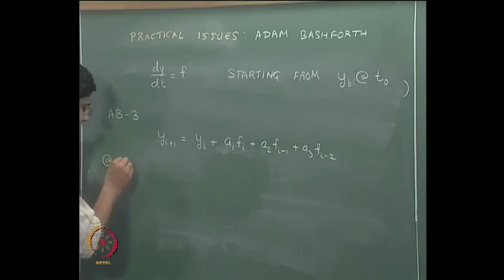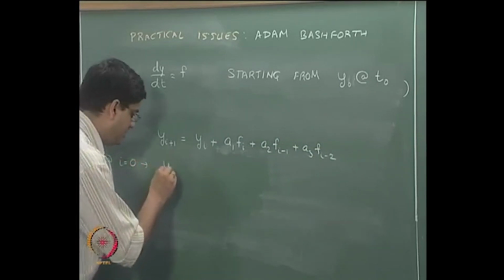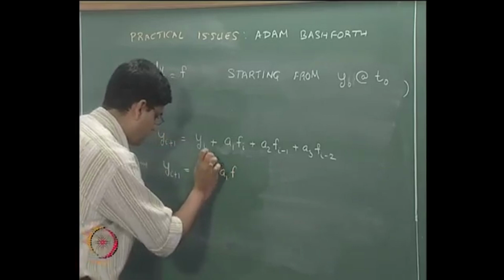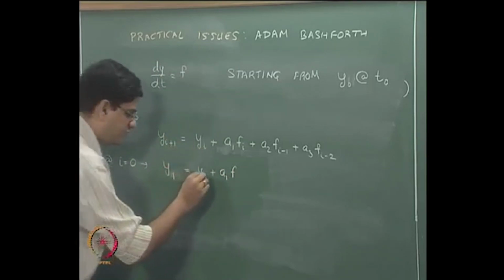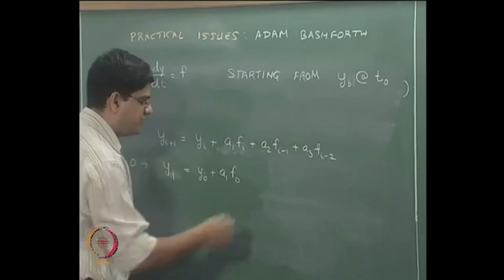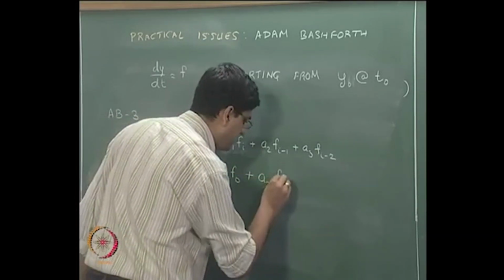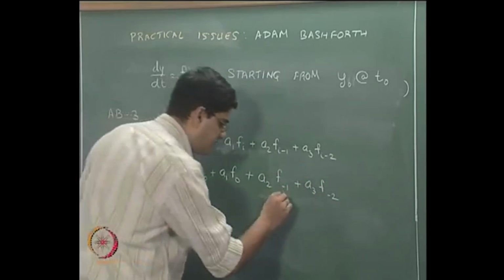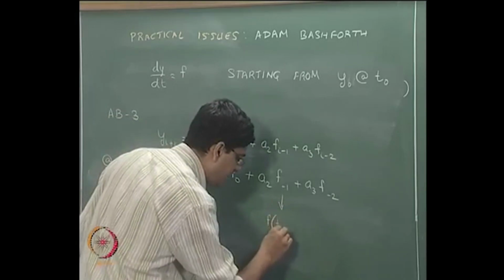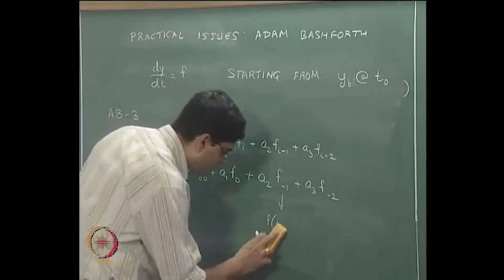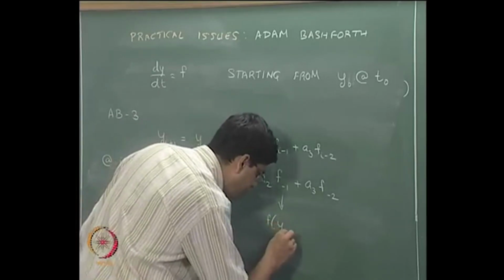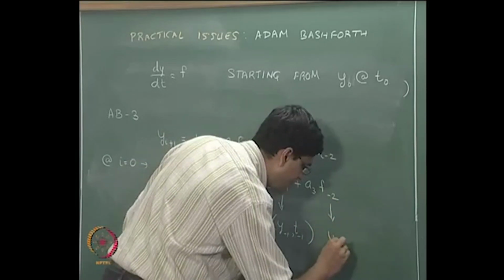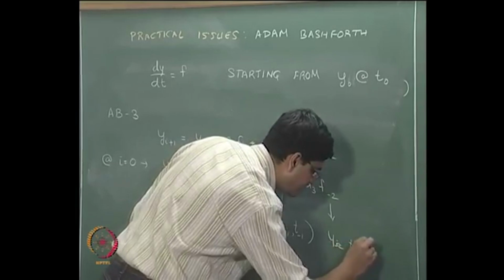At i equal to 0, the formula is going to be y_{i+1} equal to y_i plus a1, or y1 equal to y0 plus a1 f0 plus a2 f_{-1} plus a3 f_{-2}. f_{-1} is f computed at y_{-1}, t_{-1}, and this is at y_{-2} and t_{-2}.